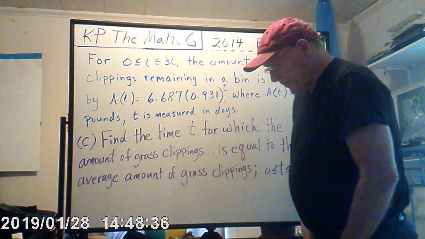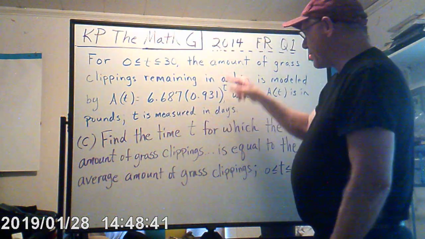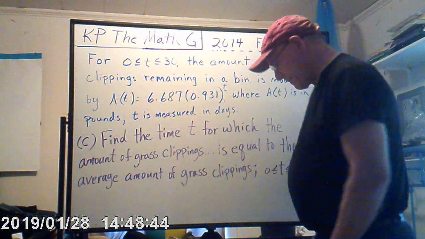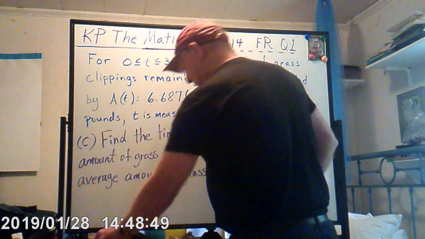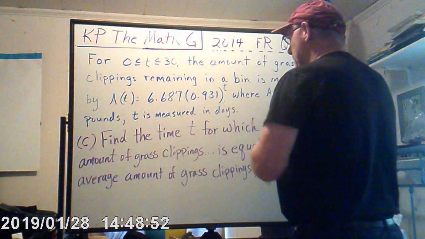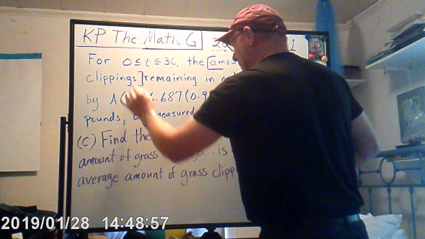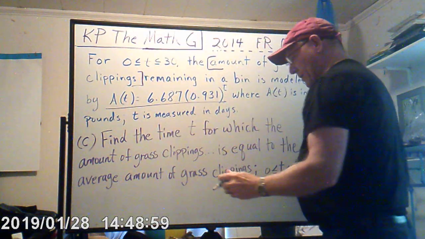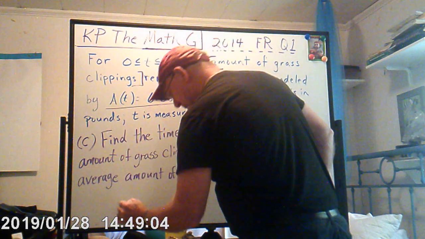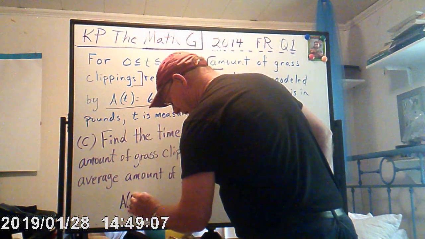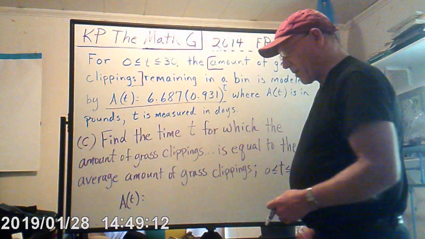Well, let's think about this. This represents the amount of grass clippings. Okay, so when we think about this, let me highlight this. This is the amount of grass clippings right here. So it's when the amount, I'm just going to abbreviate that, that's A at t for the time being. Now we will do the math on this, the calculus part of it.